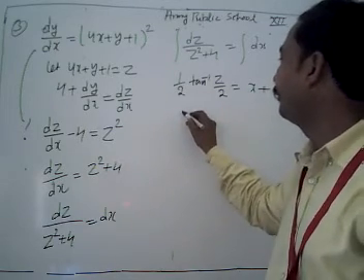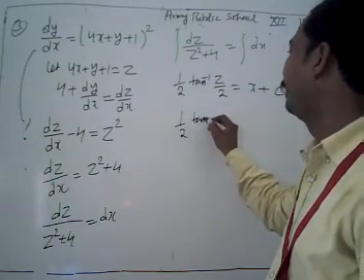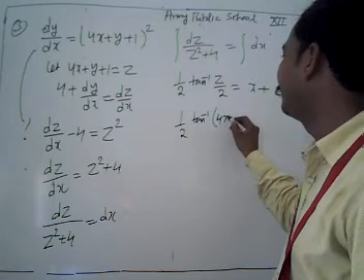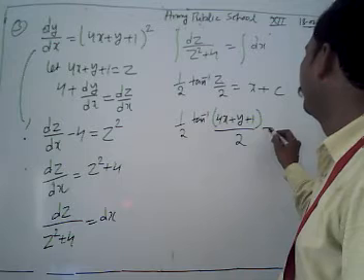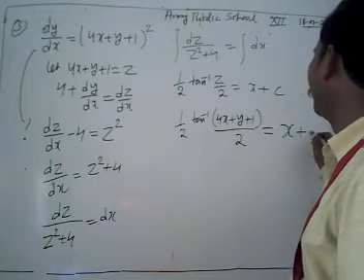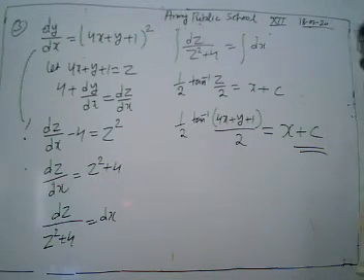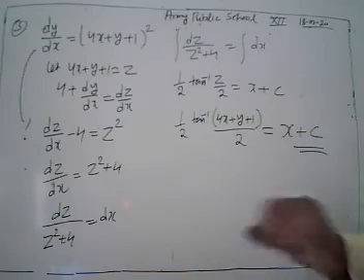What is our z here? It's 4x plus y plus 1. So this is our required solution: 1 by 2 tan inverse of (4x plus y plus 1) by 2 equal to x plus c.